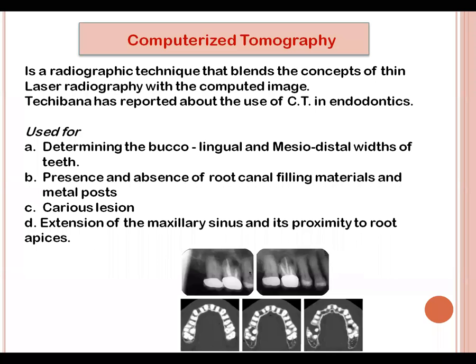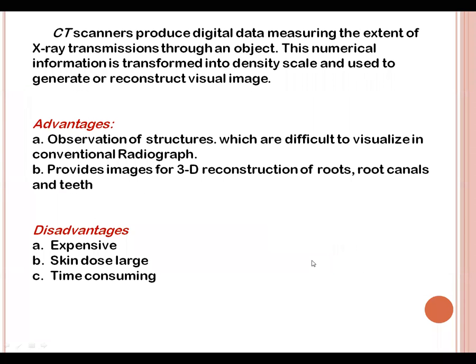Now, a CBCT is always used for determining the buccolingual and mesiodistal width of the teeth, presence and absence of root canal filling materials and metal post. They are used to judge the extent of carious lesions, extension of the maxillary sinus and its proximity to the root surface. Advantages are that it provides images for 3D reconstruction of root canals and teeth, and observation of structures.